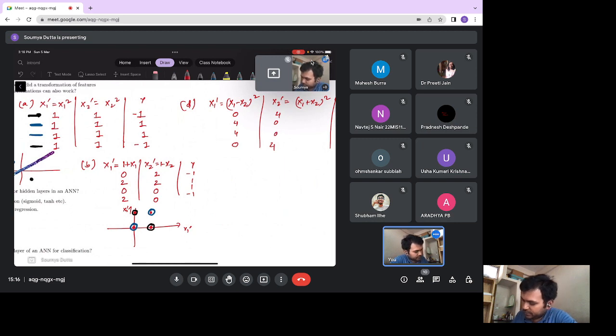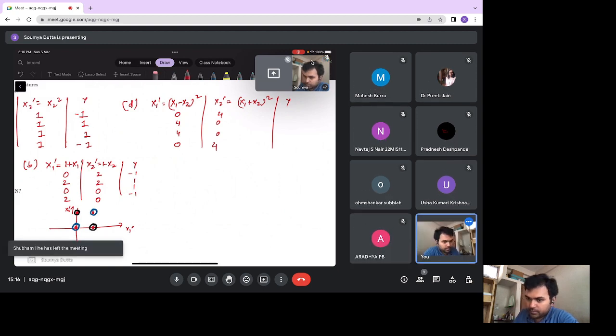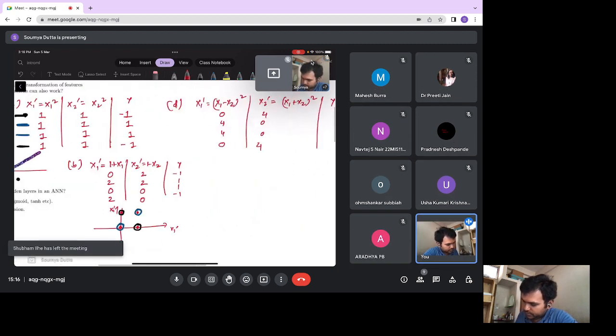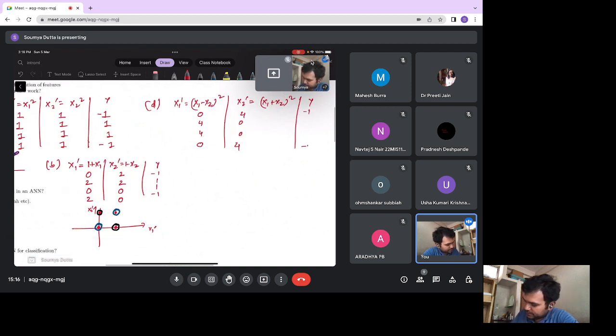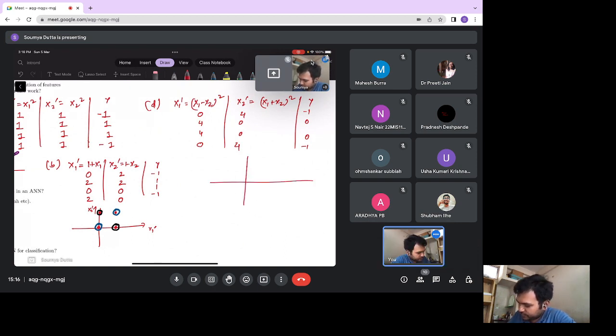Clearly from here, you don't even have to draw anything, you will be able to understand that this again would become linearly separable, but I'll still draw. So the first point is at 0, 4, which is somewhere here.